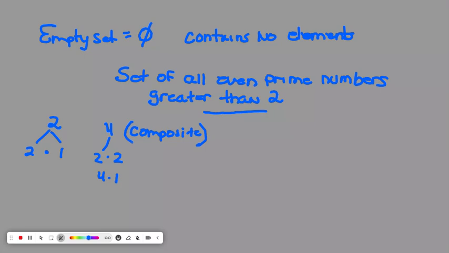Now sets can be finite, meaning they're limited, like we did before, or they can be infinite, they're unlimited. Let's look at an example of that. If we have, like we had before, a set of all the digits, well, we know there's only 10 digits in the entire universe.